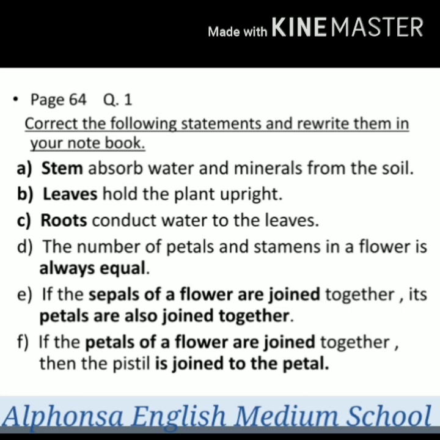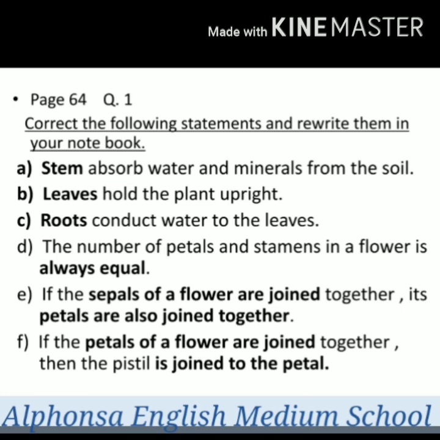So first you will write the wrong statement, what is there in the textbook, and below that you will correct the wrong word. Here which is the word that is wrong? Stem. I have written in bold letters. So instead of stem, what should you write? Root. Roots absorb water and minerals from the soil. Hope you have understood. After that leave a line.